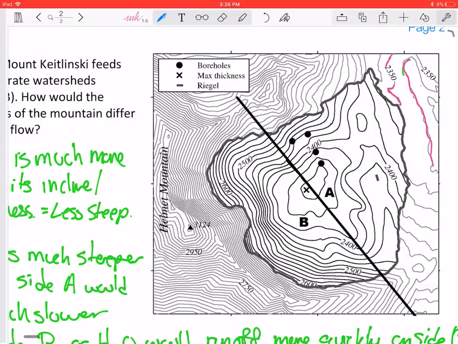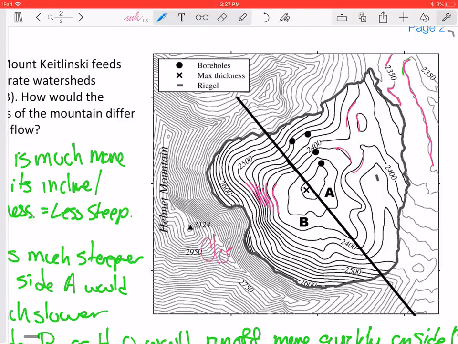Now, looking at side B and side A, okay, we've got this mountain, all right, and because the lines on side B are much, much closer together, okay, that means that it's a lot steeper than side A, whereas the more spread out the lines are, like they are on side A, that's much flatter, it's a very gradual change in elevation.